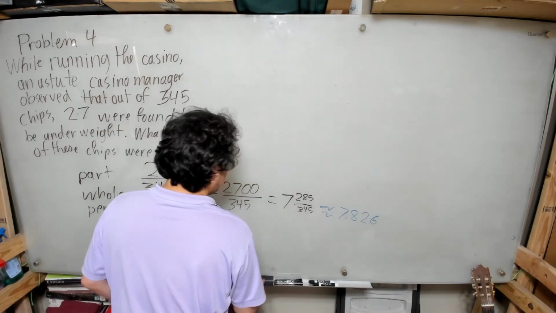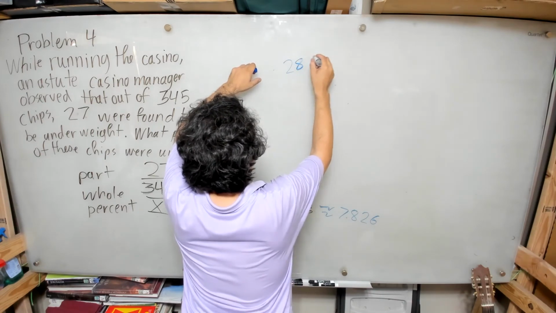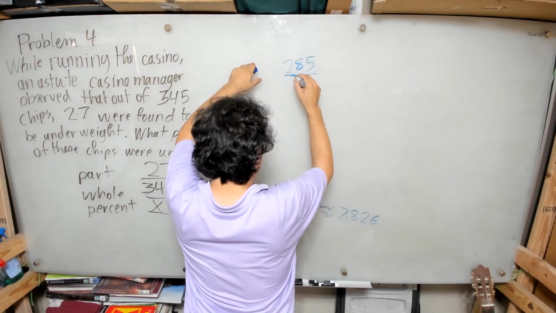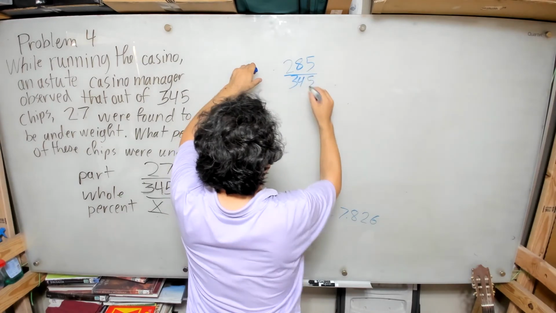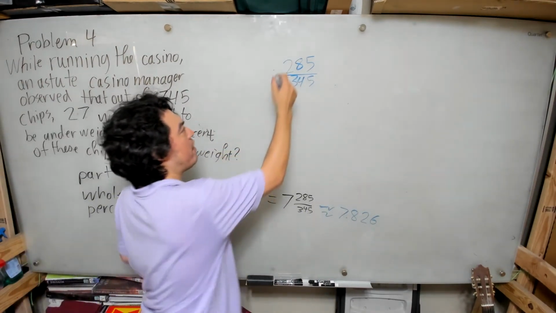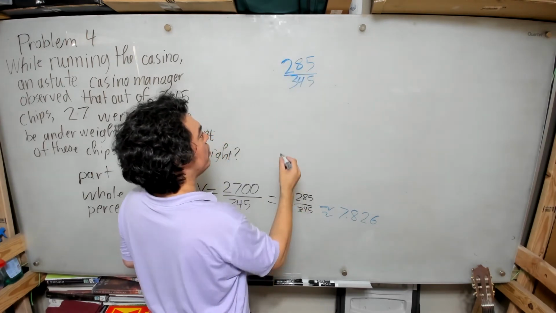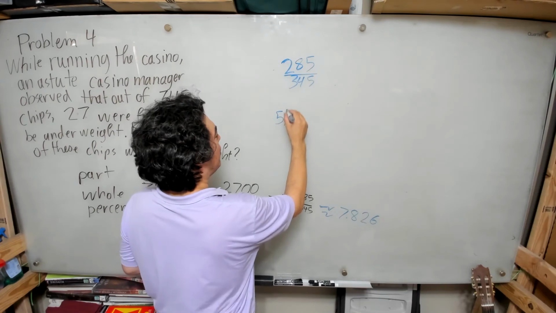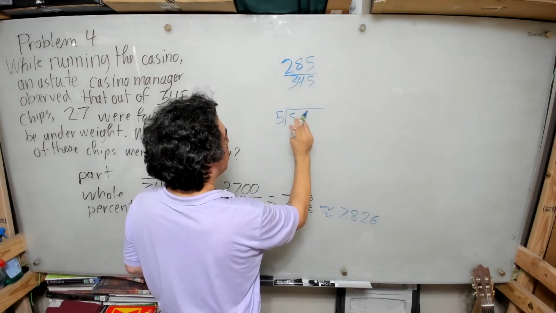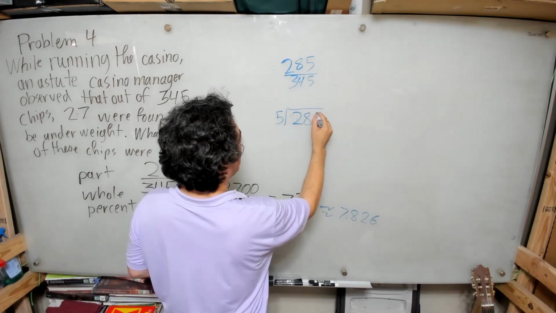So I want to simplify 285 divided by 345. Now, check this out. Since both the top number and the bottom number have a 5 at the end, they're both divisible by 5, and so that'll help us out. So I'm going to first divide 5 into 285, into the top.